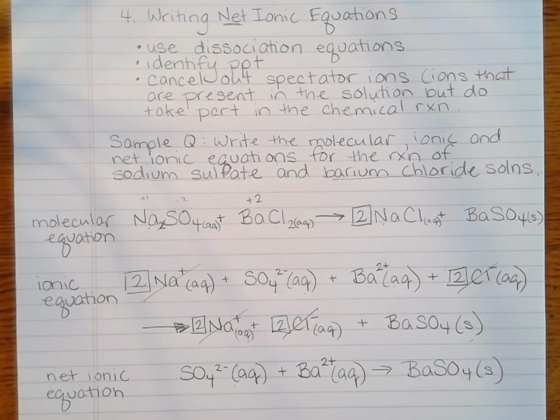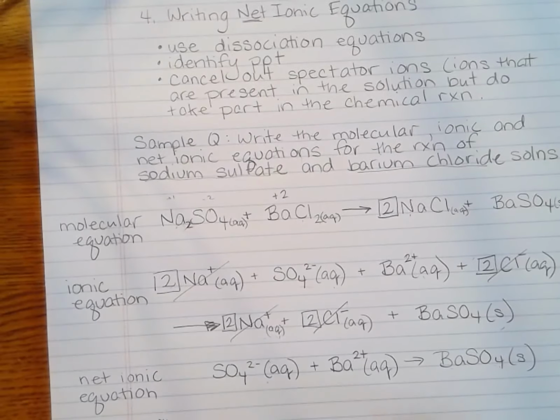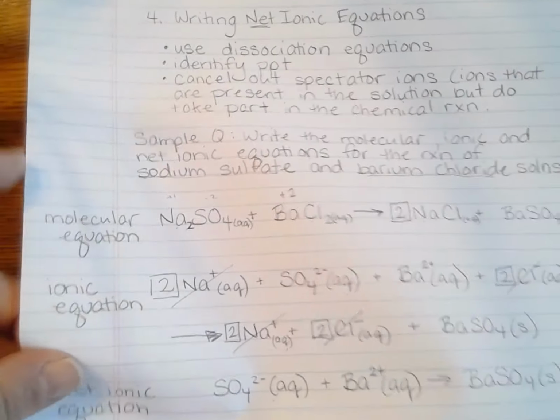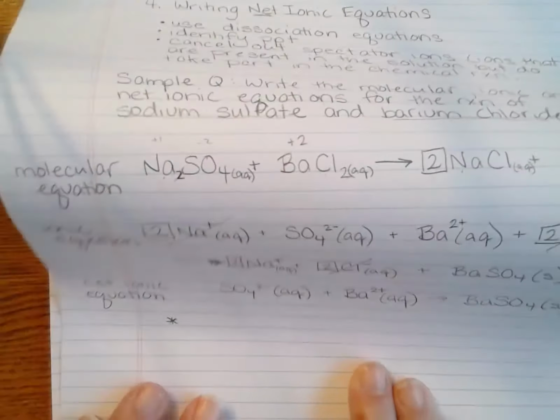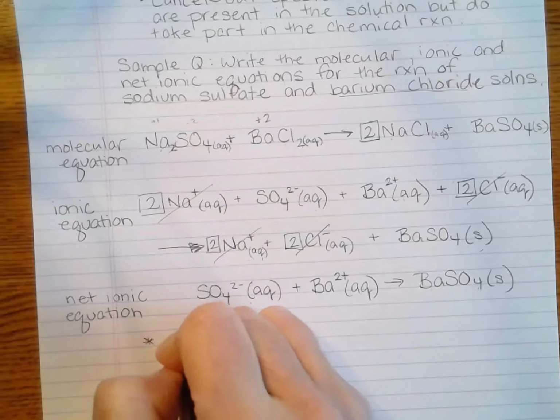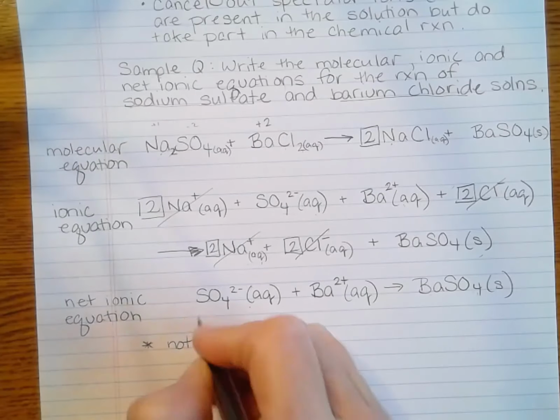Okie dokie. So just a little reminder, I'm just going to put a little note down here at the bottom. That note, this is really kind of the whole purpose of it.